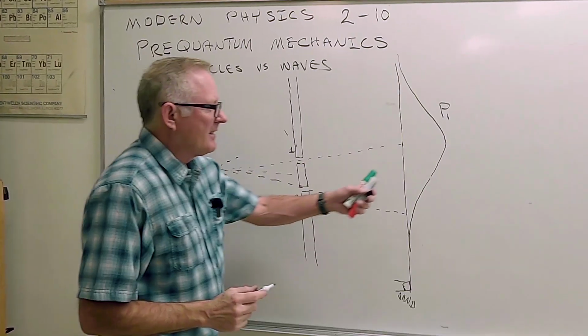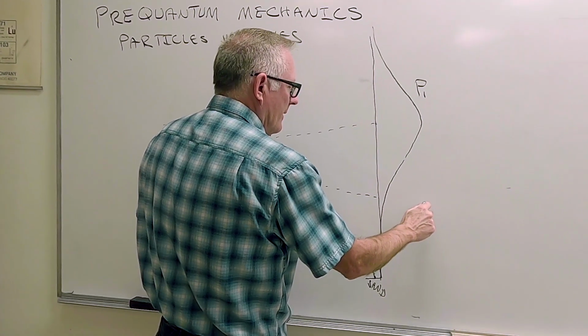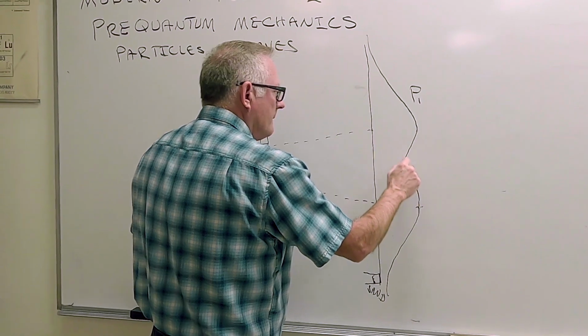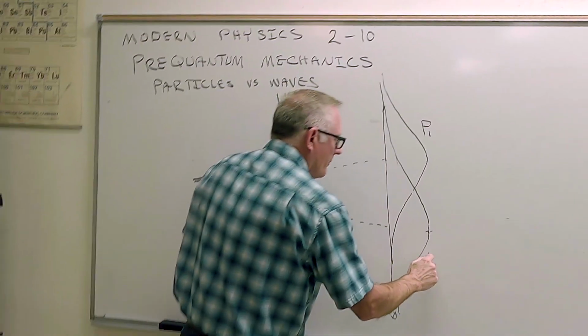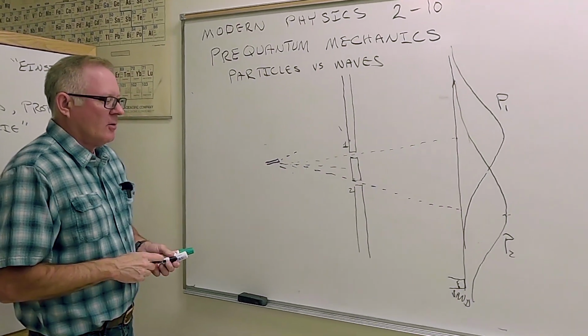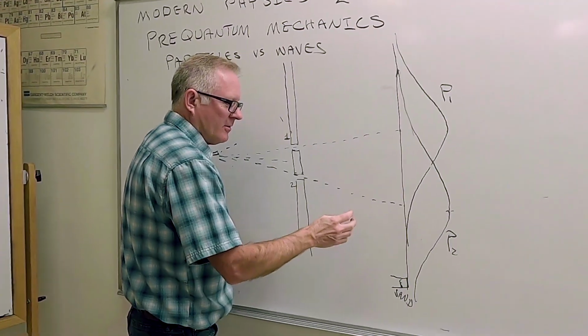And I would expect some picture that looks similar to this, but peaking down here. So that would be the probability of just going through the second hole. Now I don't get half a bullet, I always get whole bullets.